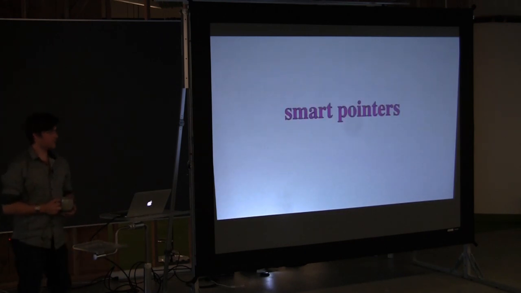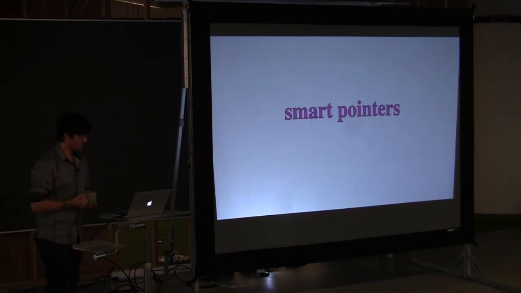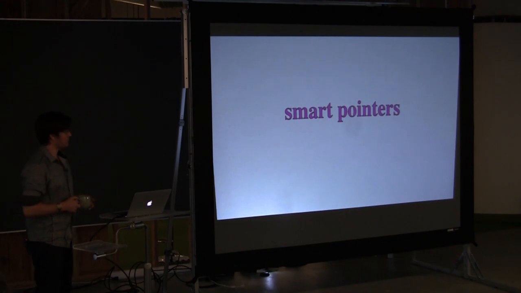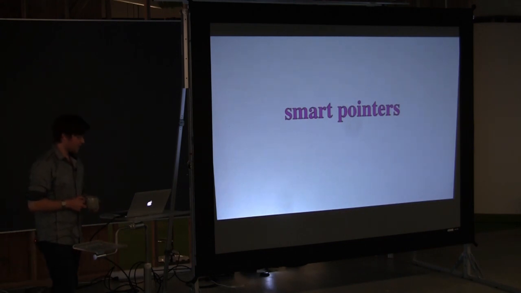All right. So one of the main library additions, though, I would argue, is the smart pointers. Maybe because it's one of the more fundamental ones. These are not very controversial. They've been in use for over 10 years now, outside of the standard.